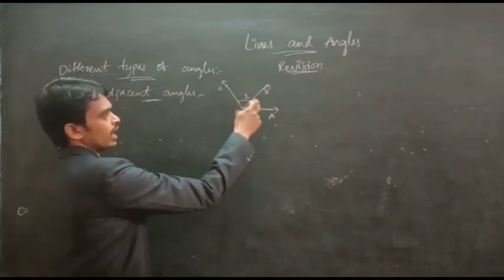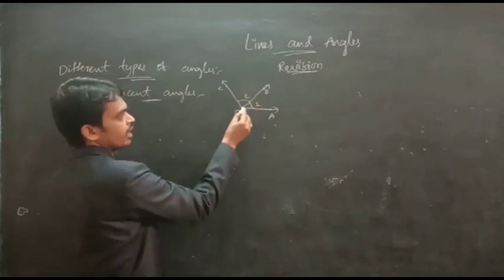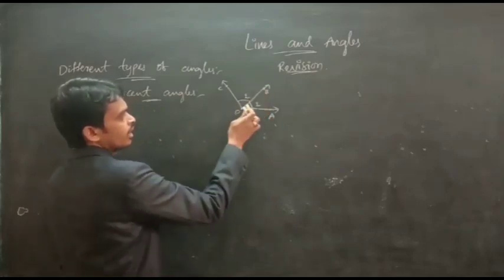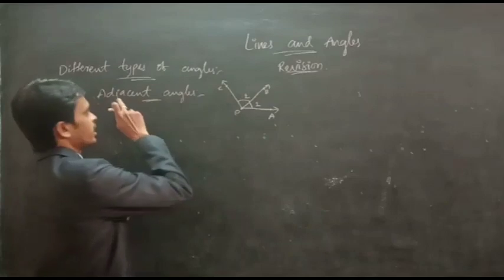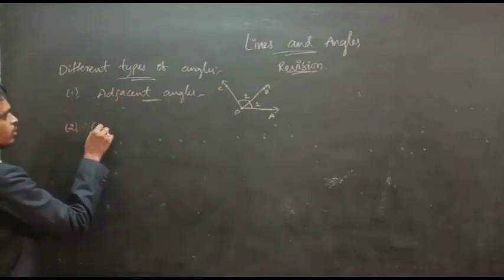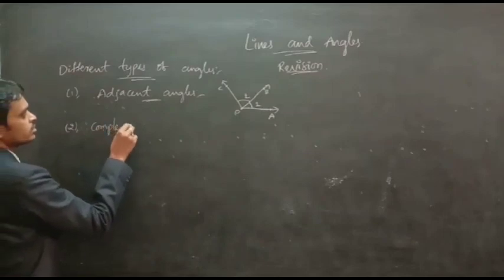These two angles have a common arm and common vertex, so angles 1 and 2 are called adjacent angles. Next, second one, complementary angles.